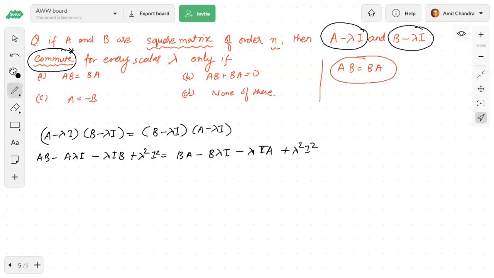Now this A lambda, this is also A lambda, this will get cancelled, this will get cancelled. So the only thing left will be AB is equal to BA.